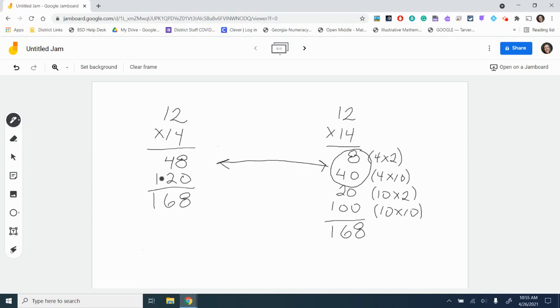Where's the 120 in the partial products? 20 plus 100 is 120. And then we both have the same answer. 12 times 14 is 168. So we can help students move from the area model to a partial products notation to a traditional algorithm, making connections along the way.